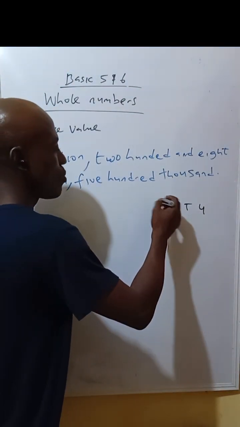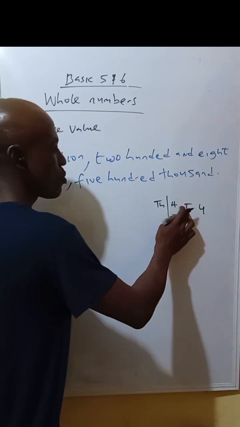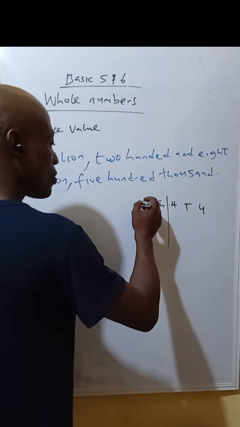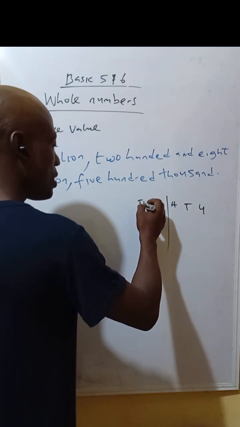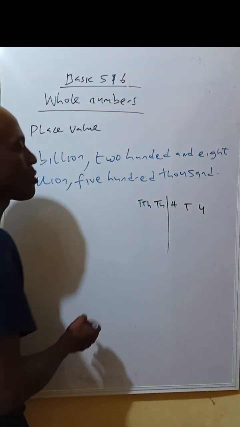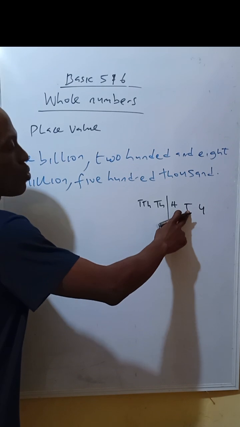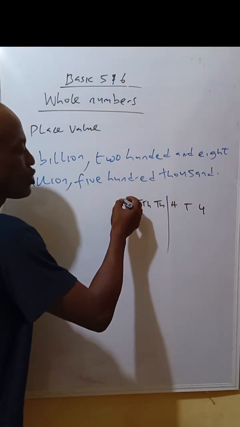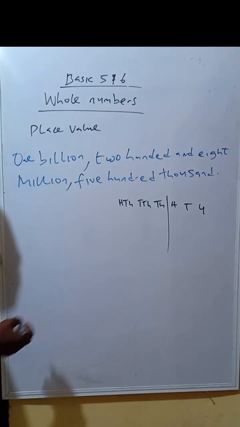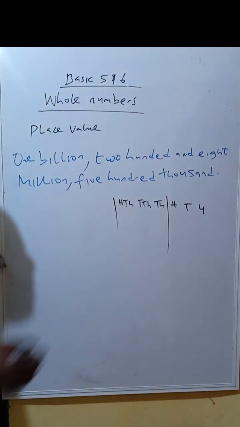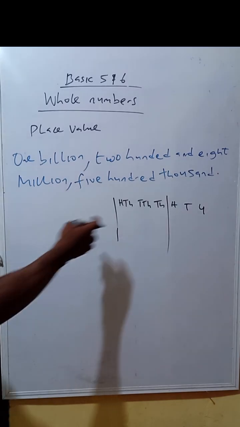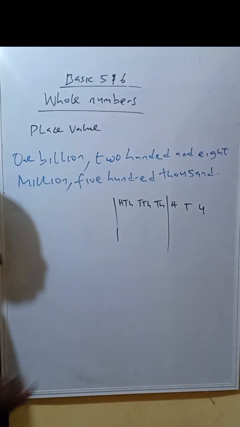Then you have thousand. Why are we writing thousand as TH? Because we are going to use T to represent tens. So after thousand, you go to 10,000, TTH. After 10,000, you go to 100,000, HTH. Then you put your demarcation. Don't forget, you demarcate after every 3.